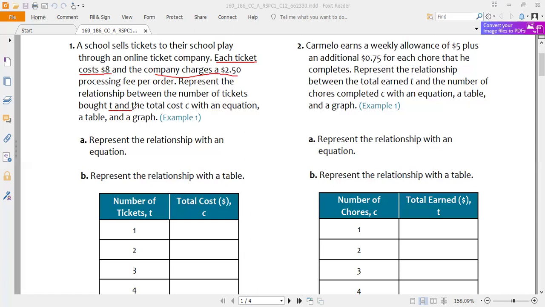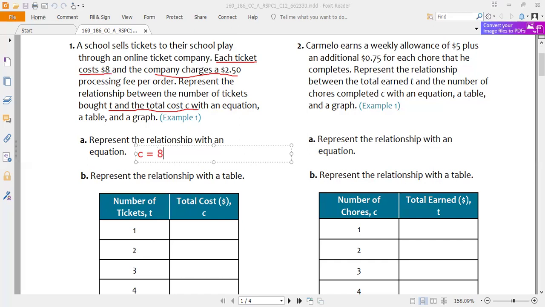If you have T tickets and the total cost is C, then the first question is to represent the relationship with an equation. So we can find the total cost, that is C, which is equal to each ticket costing $8.